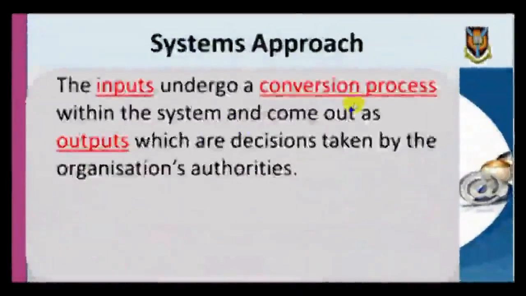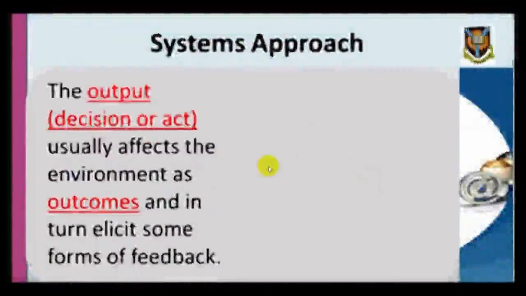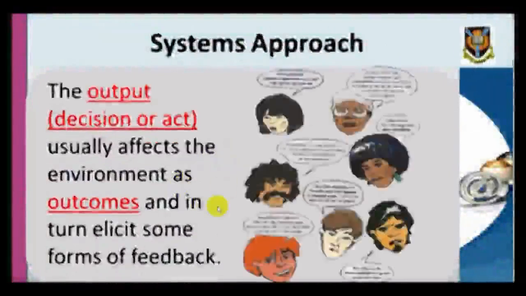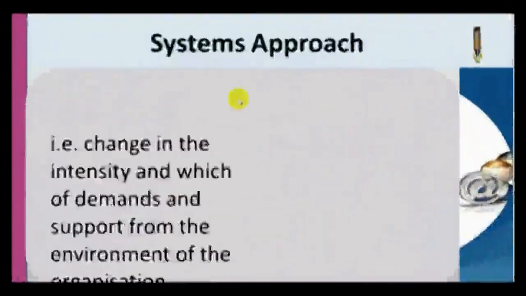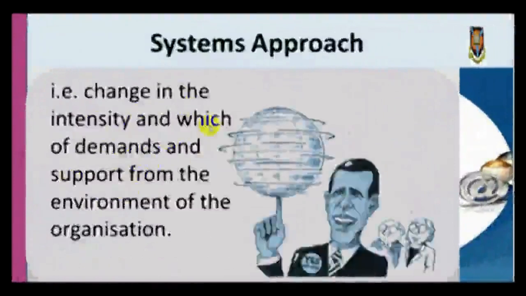The inputs undergo a conversion process within the system and come out as outputs, which are decisions taken by the organization's authorities. The output, that is, decision or act, usually affects the environment as outcomes and in turn elicits some forms of feedback, that is, change in the intensity and volume of demands and support from the environment of the organization.